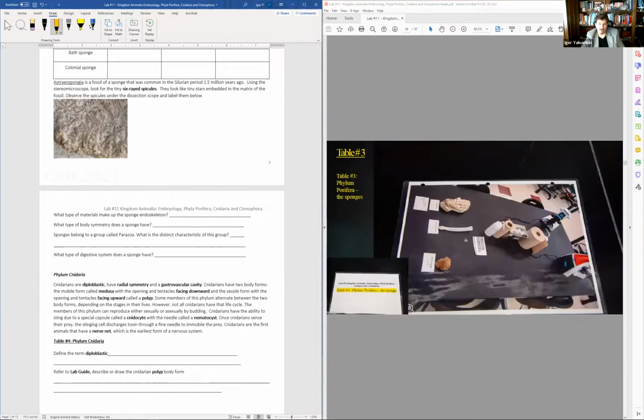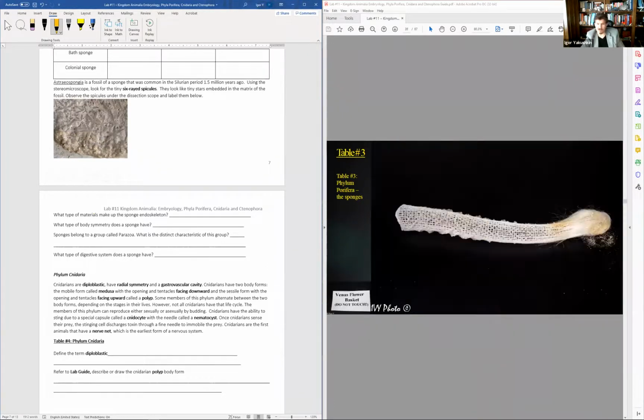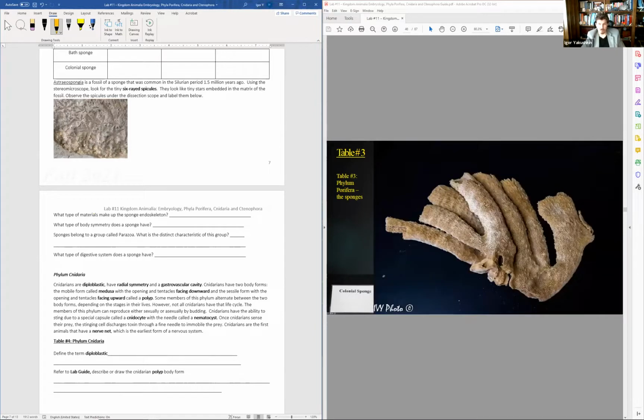So don't get too excited when you start seeing it and say, oh yeah, it definitely looks like radial symmetry. No, it is not radial symmetry, even though it may start getting into a symmetrical shape. Sponges are considered asymmetrical. No symmetry, based on whatever environment it grows in.